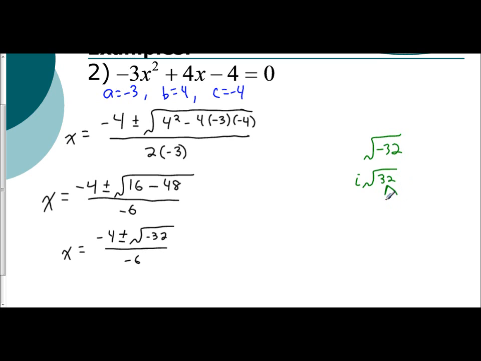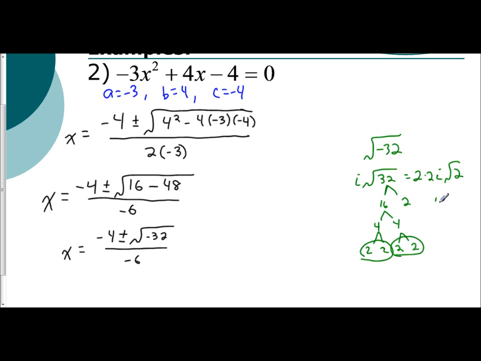32 is 16 times 2. 16 is 4 times 4. And both 4's can be broken down into 2 and 2. So I have two pairs of 2. So I can take out 2 2's, and 1 remains inside.